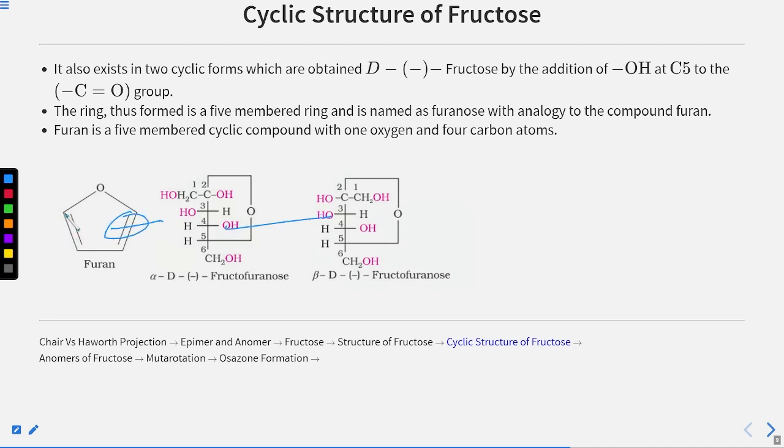We are not talking about the double bonds, but it is similar to furan. It is a 5-membered ring: 1, 2, 3, 4, 5. So it has 4 carbons and 1 oxygen as the heteroatom in the cyclic chain. Clear? Got it?